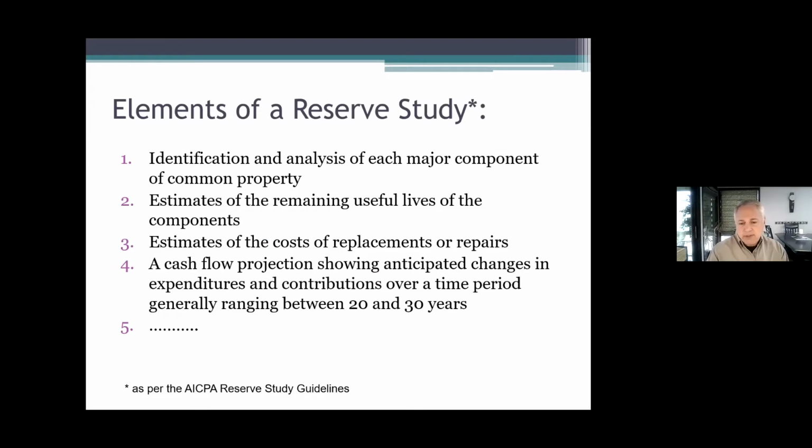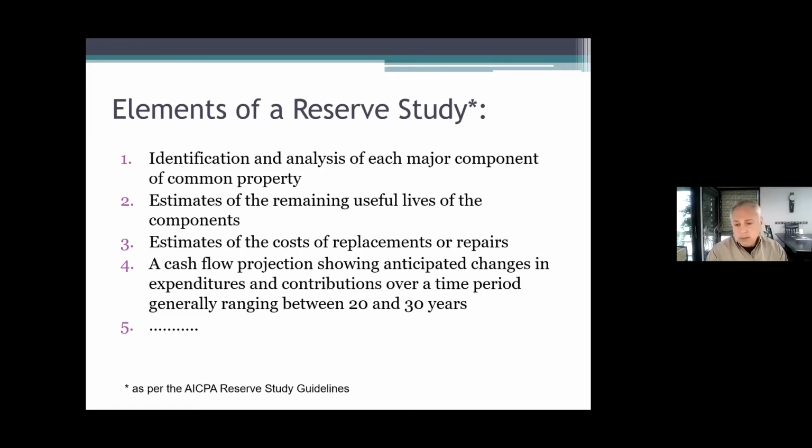So this is according to the AICPA, American Institute of CPAs, and what they say reserve studies should include. And it's very similar to what I just told you. It's identification and analysis of all the major components, estimates of the remaining useful lives, estimates to replace them, the cost to do that, some kind of cash flow projection that shows how all that folds in between 20 and 30 years.